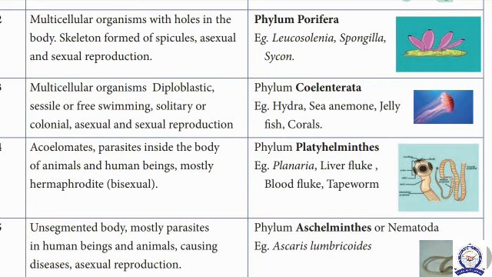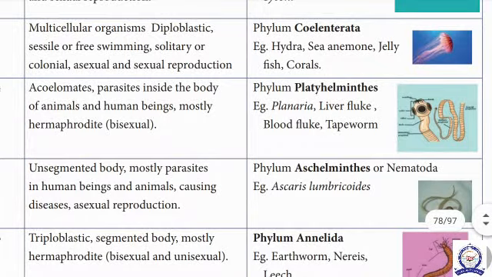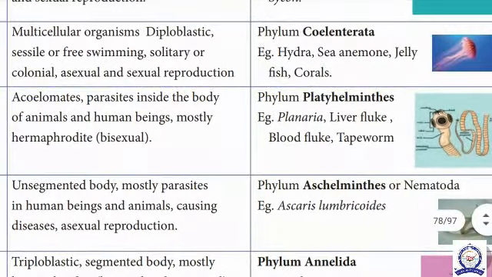General characters of Coelenterata. Multicellular organisms are diploblastic. Blastic means germ layers. Diplo means two germ layers are formed in this body wall. Then sessile means grouped or free living.